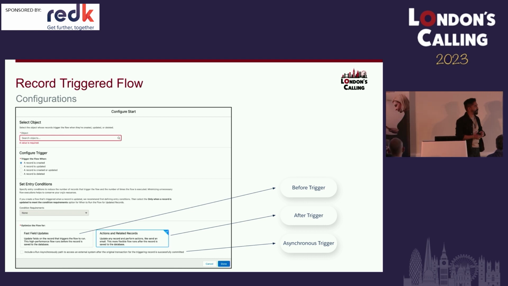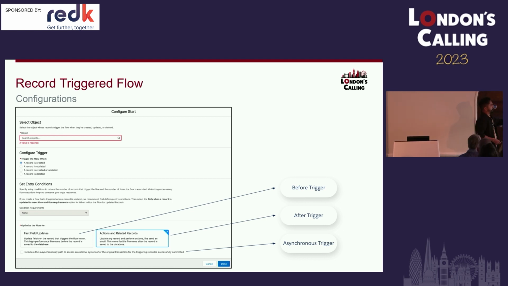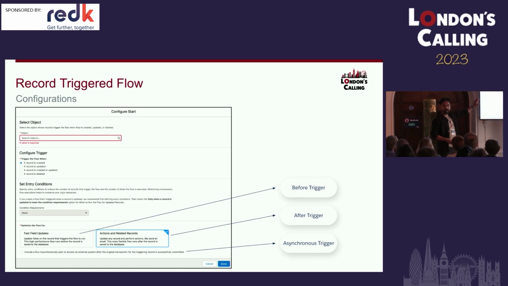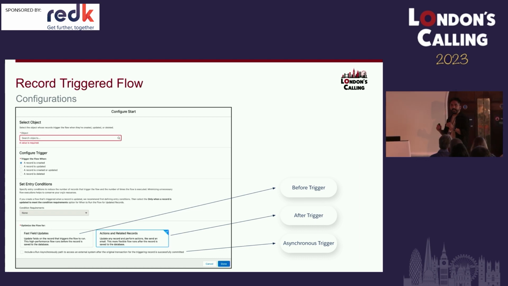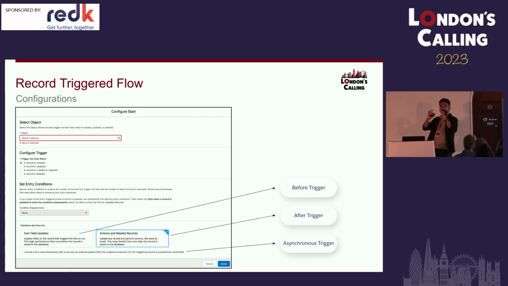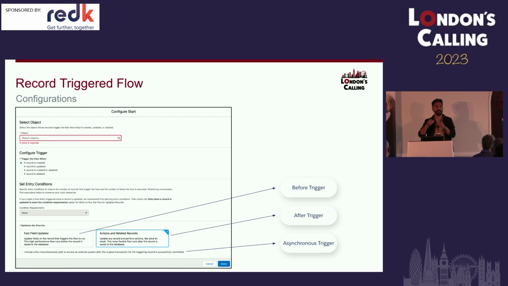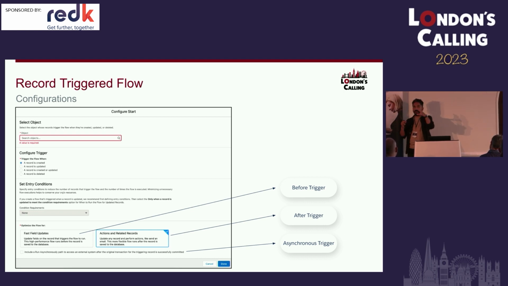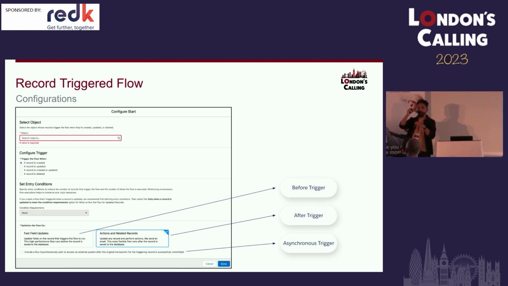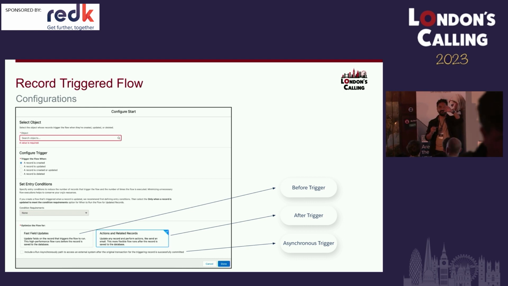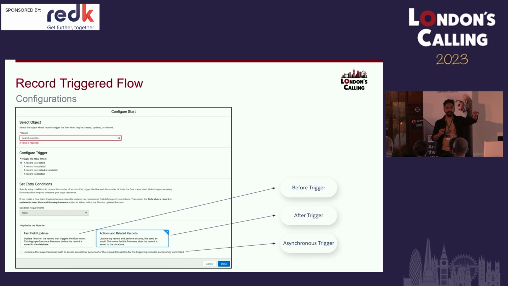Okay. So the entry criteria, I'll talk about it a little bit more in the best practices as well. This is quite important. I think a lot of us, when we create flows, don't create an entry criteria when we create the flow itself. I don't know if you guys have used the decision elements. A lot of people will use a decision element inside a flow to say, yes, if an account is active, do so and so.